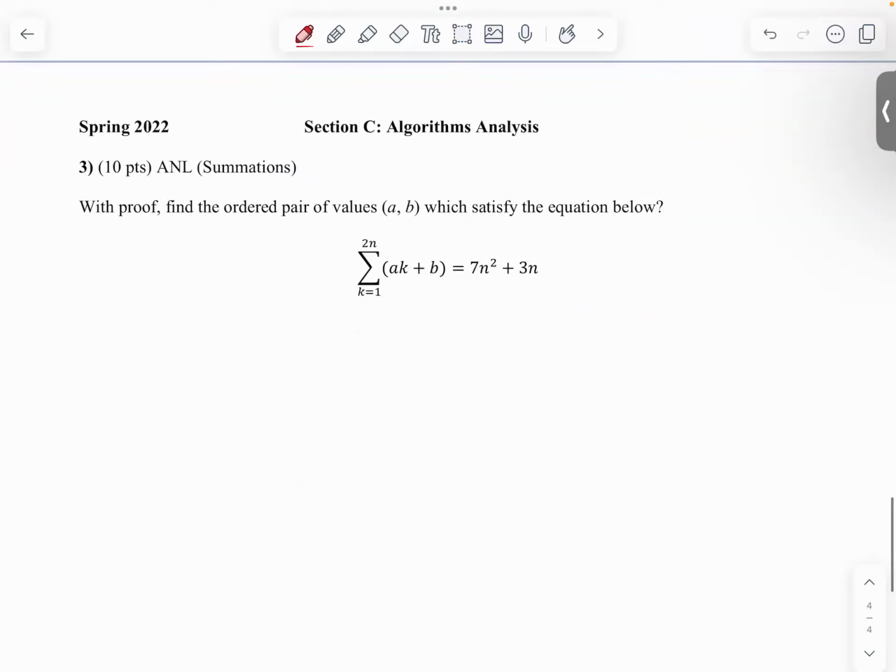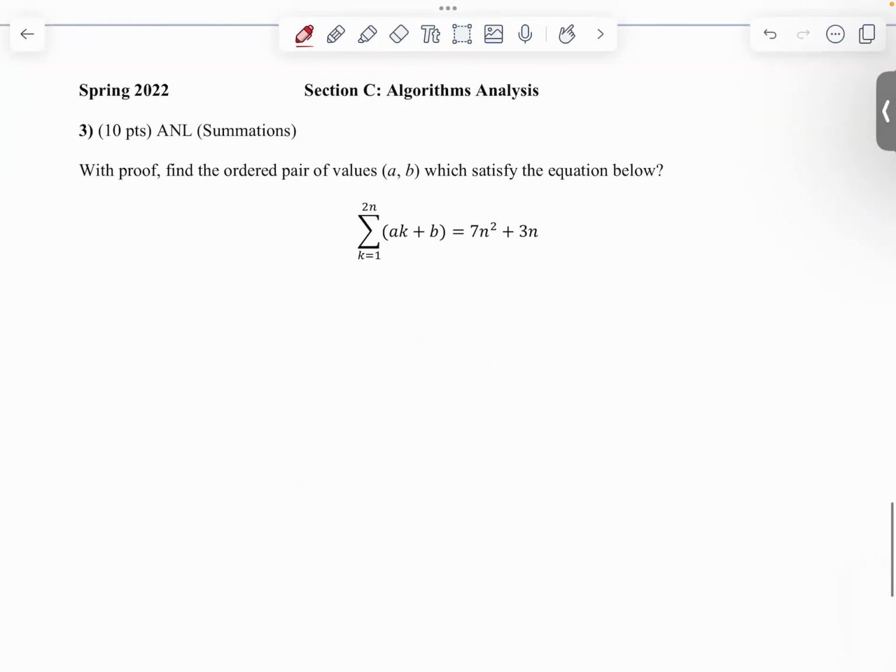All right. This one is a little bit harder because you have to solve for a and b. But like I said, it's really just more algebra because this is already in closed form. Does anyone notice anything about this in specific? Any shortcuts that we went over?